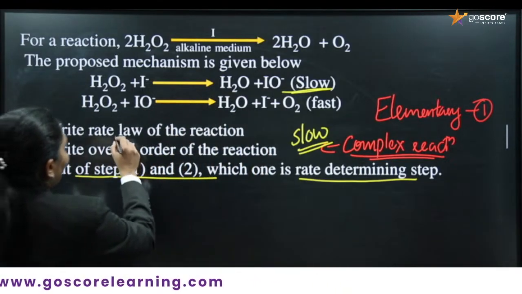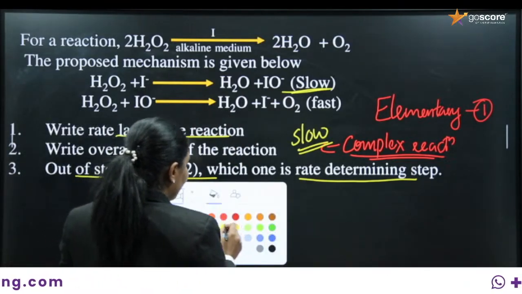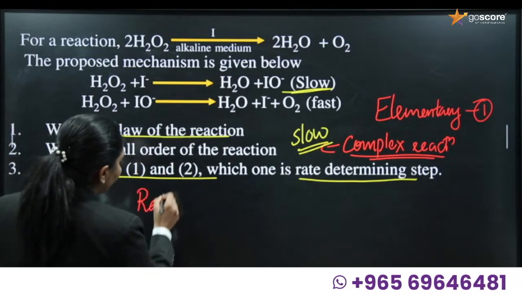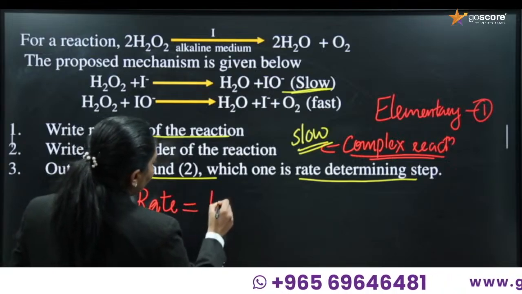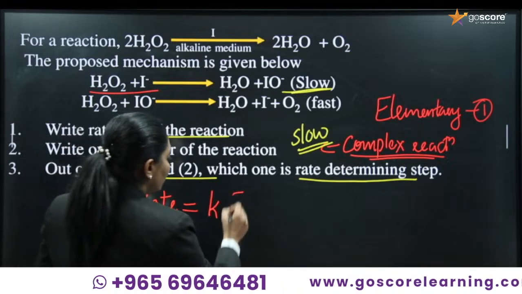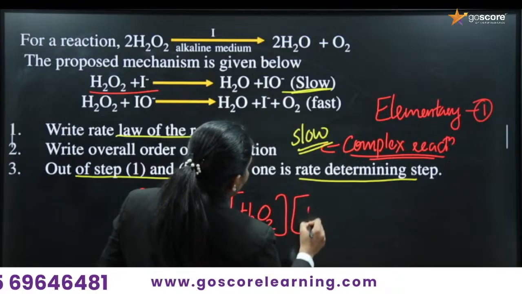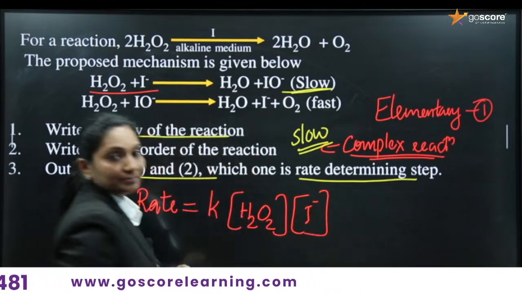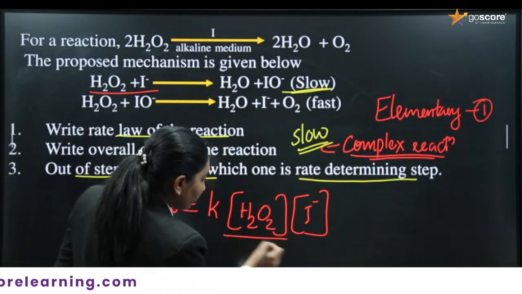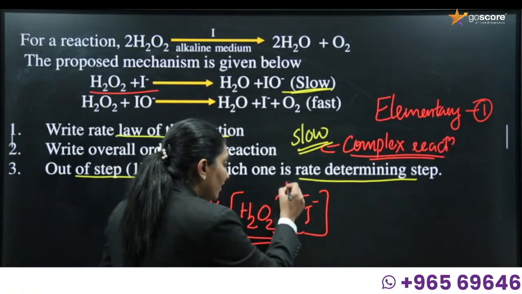Now, write the rate law of the reaction. For a complex reaction, we consider the slowest step as the rate determining step. So, how will we write the rate? Rate is equal to K into the concentration of H2O2, into the concentration of I. If it is asked what will be the order of reaction in terms of hydrogen peroxide, it will be 1.